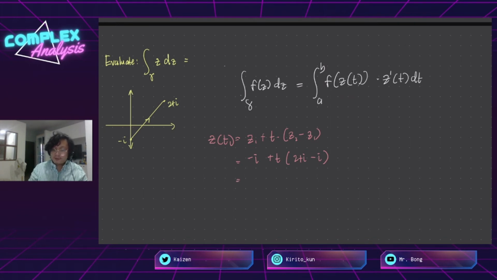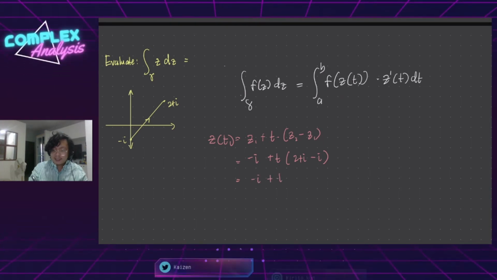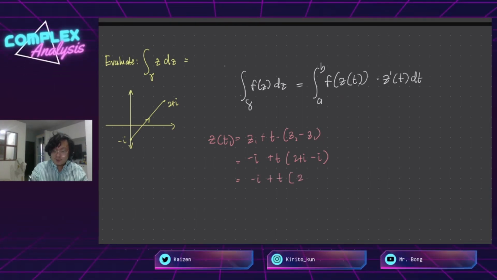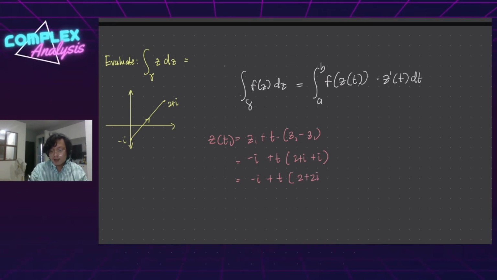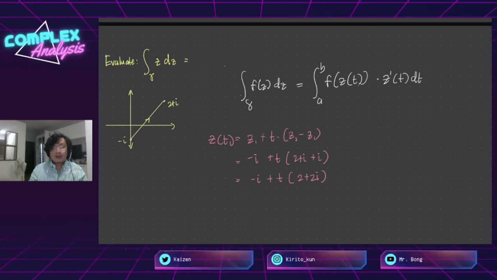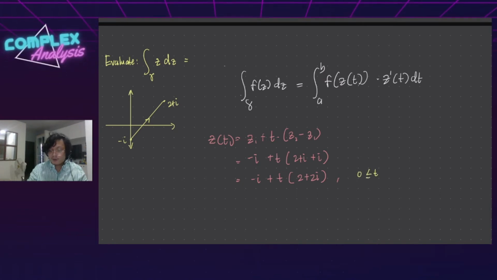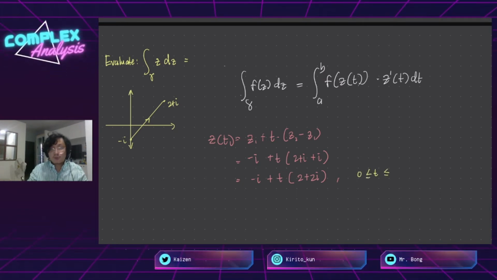Notice that if you combine like terms, we will have negative i plus t times (2 plus 2i), where t is greater than or equal to 0 but less than or equal to 1.